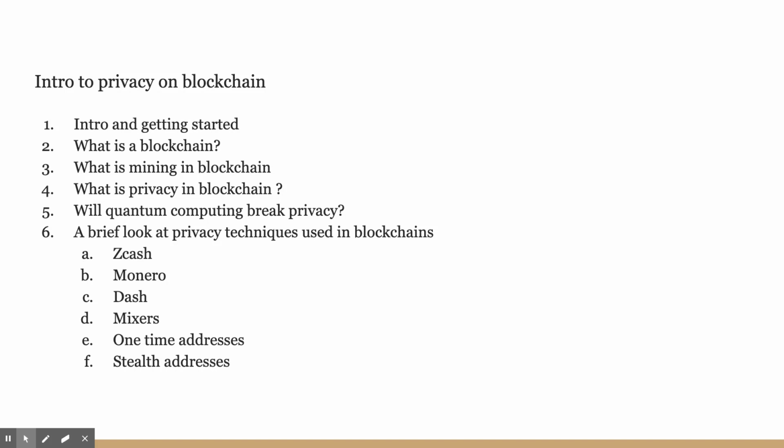So after that, we are going to go into a bit of a dive into the current privacy blockchains that are out there, such as Zcash, Monero, Dash, and there are some mixers for Ethereum. There is something called one-time addresses and stealth addresses, and we are going to deep dive into all of them. So stay tuned, and we'll just dive right in.